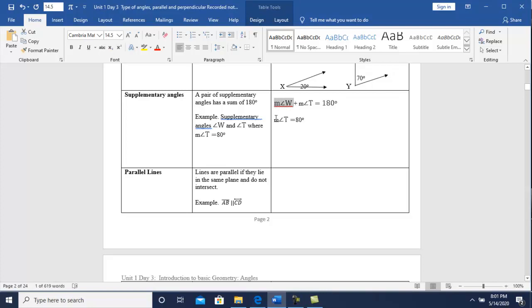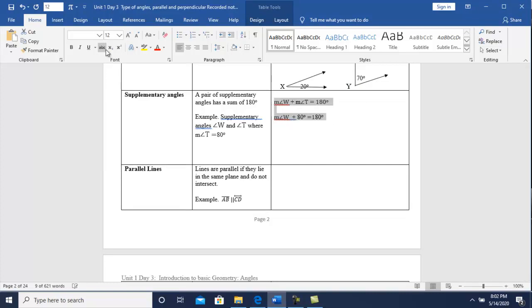So if we were to add these two angles together, T is going to be 80. We know that T is going to be 80, so let's replace this with 80.